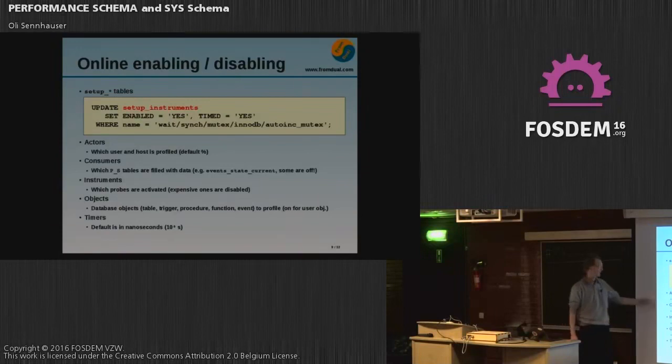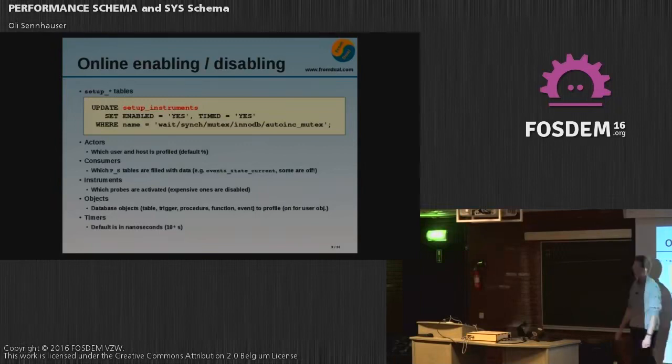So we currently have 5 different setup tables. So one is the actors. Here everything by default is enabled. And in the actors you can configure which host and which user you want to profile. So by default everything is profiled, but if you want to switch something off, you can configure it here. The consumers are the performance schema tables that are filled with data. For example, there is a table called events_stages_current. And some of them are off, some of them are on.